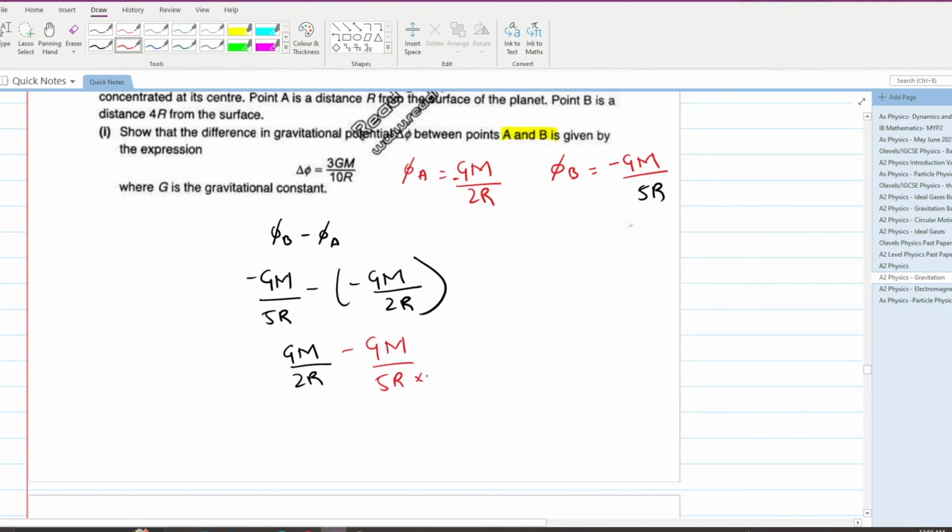Let's take the LCM. This will get multiplied by 2, this will get multiplied by 5. What will happen? 5 capital G, capital M minus 2 capital G, capital M divided by 10r.